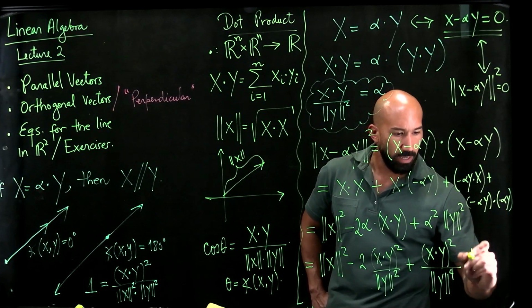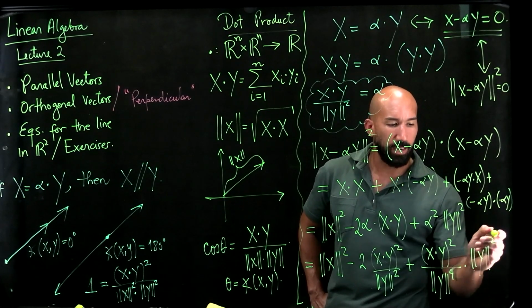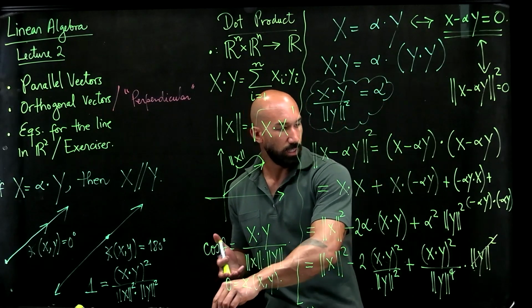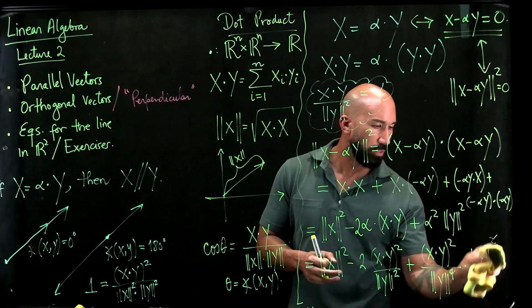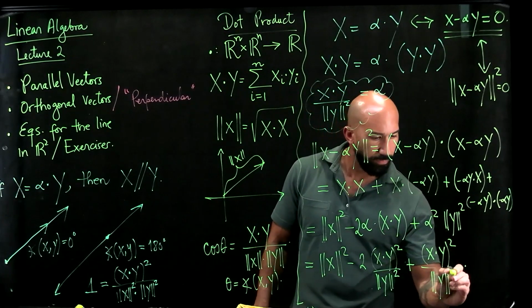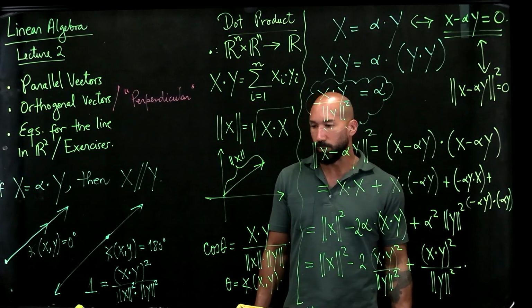But since I have this square of the magnitude of y, I can cancel this with this, and just the second power is gonna stay. Is that okay?